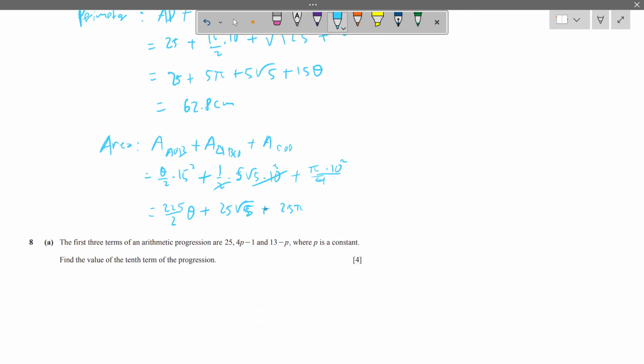So that means the total area, plugging this exact value into the calculator, we will have 217 centimeters squared.